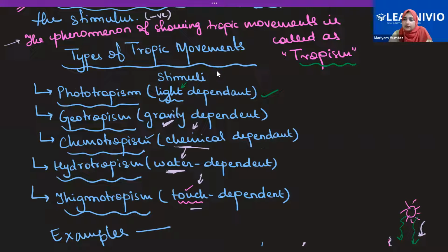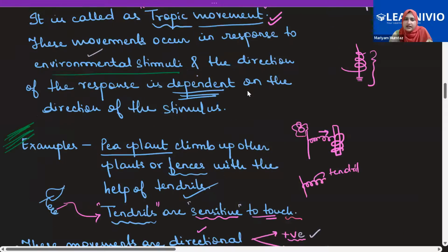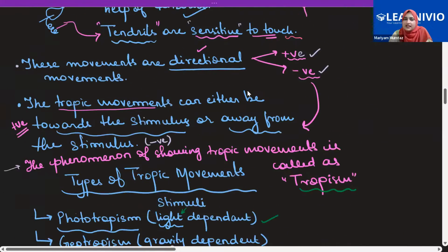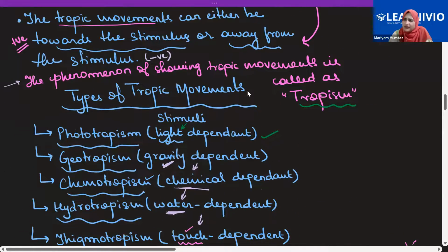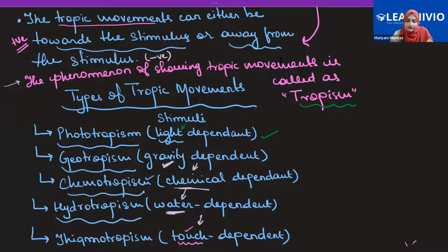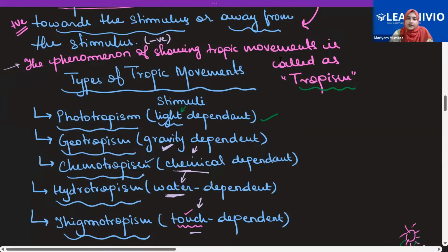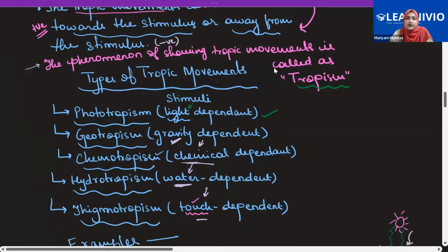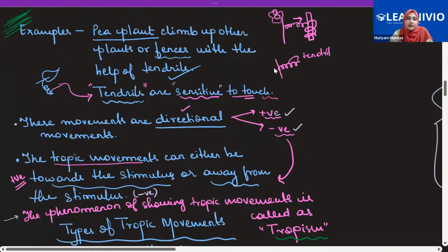Can someone tell me who was present in the previous class? Because I believe I've taught you all of these things, right? Tropic and Nastic, the touch me not plant, all of that. So what is the last thing, Ritvika? Ma'am, we were doing tropic movements. Tropic. Okay. All right. Now you people can note down. And Umair, if you haven't written, you write from the topic. It's okay.